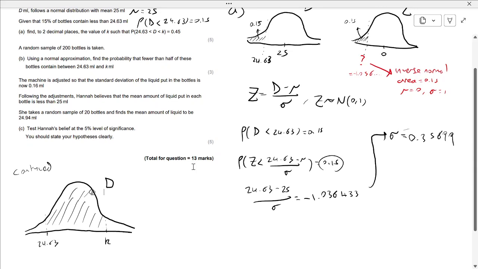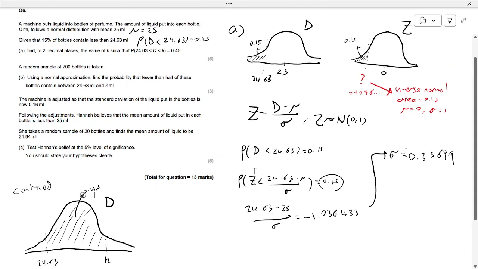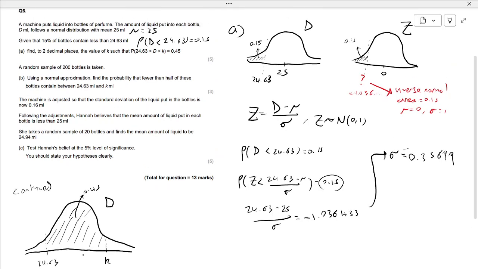And the inverse function in your calculator will take the area to the left. So I need the area to the left of k. Well, I know 45% is in between 24.63 and k. That's from the question. I also know the area to the left of 24.63. I could just calculate it, because I now know the distribution, if mu is 25.